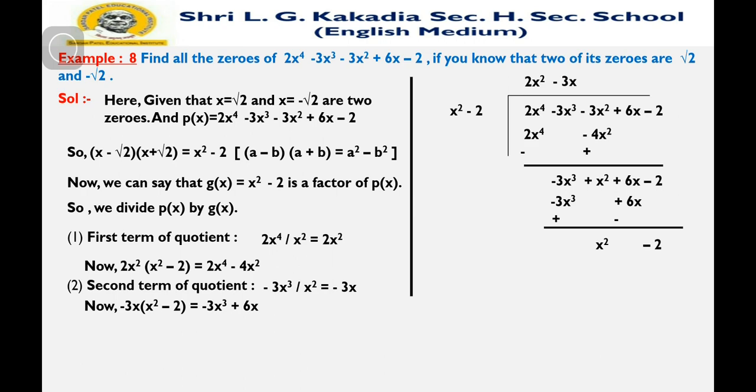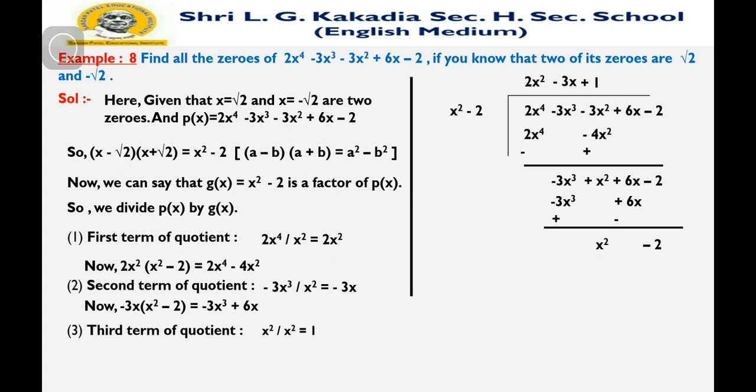So at last we get the remainder x square minus 2. Here you can see that the degree of the remainder and the degree of the divisor are the same, so we proceed ahead. The third term of the quotient is x square divided by x square, which is equal to 1, and we put here plus 1.